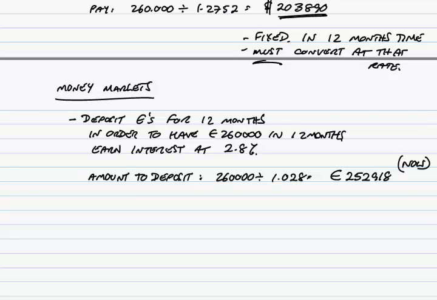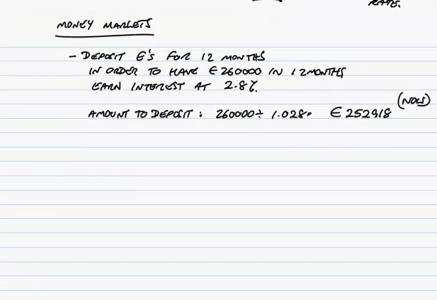Now, if you remember, there are 3 steps. There's step 1. That's the amount we'll need to deposit now at fixed interest. And in 12 months' time, we'll have the amount we need, 260,000. We'll need to buy the euros now at today's spot rate.